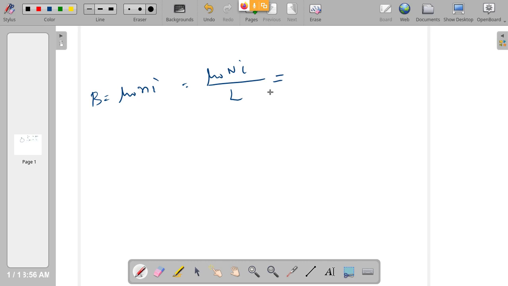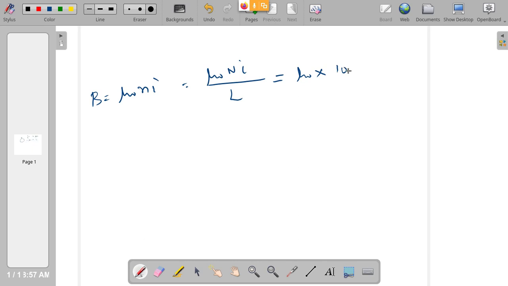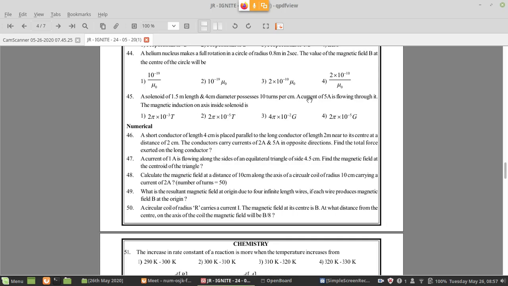Right? So basically mu naught is, we can take it as such, or 4 pi into 10 power minus 7 into the number of turns. In this case is given as, for the solenoid, number of turns is 10, current is 5 amperes divided by the length. The length of the solenoid is given as 1.5 meter length.